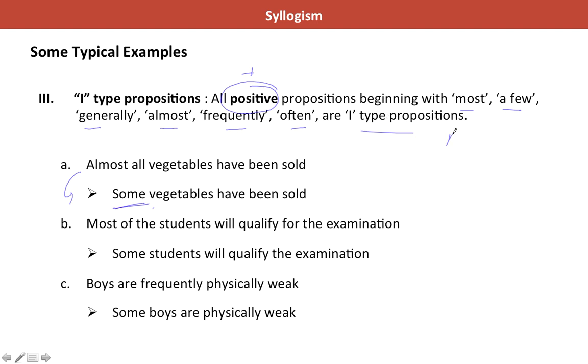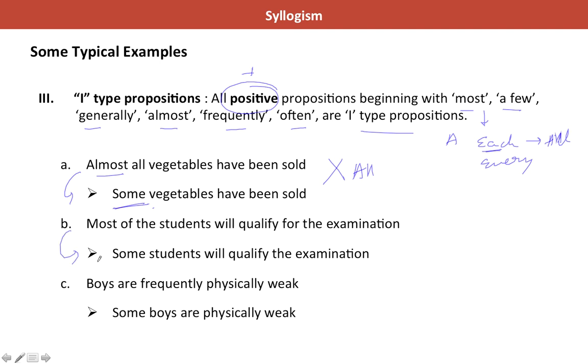If you remember A-type propositions, we had here each or every vegetable has been sold. It means that all vegetables have been sold. If it was an A-type proposition, then we would have an each here. But since I have almost, I can only say that some vegetables have been sold. I cannot say that all vegetables have been sold. Most of the students will qualify for the examination.